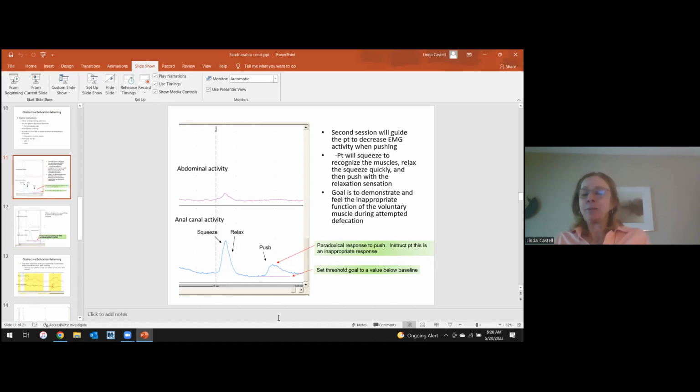Then after a minute, you'll put in another 50 and then another 50 to a volume of 200. So after every inflation, you wait 30 seconds and do a measurement. And between 50, 100, 150, and 200, there should not be much of a change, meaning the rectum is very elastic and it's accommodating that volume.